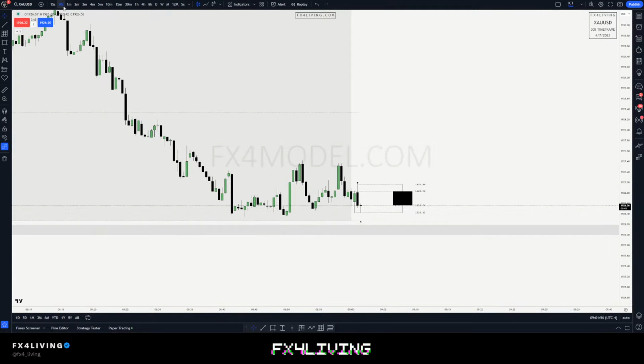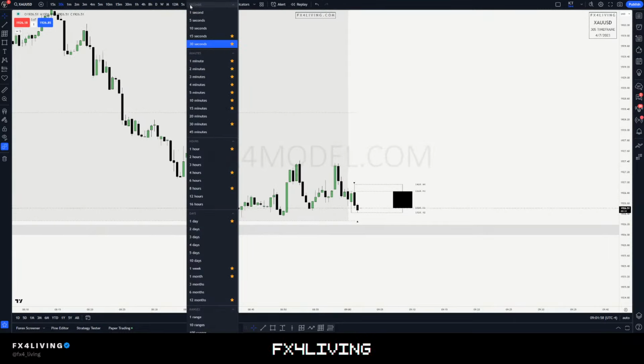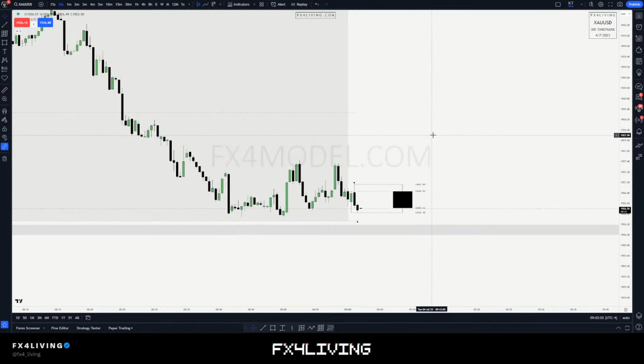You can probably see the displacement nicely on a 30-second. 30-second is like half of 1 minute. So in 1 minute you have 2 candles of 30 seconds, basically. Simple. It's overkill, but if you know exactly your fractal of where you want to enter, you can abuse that, of course.